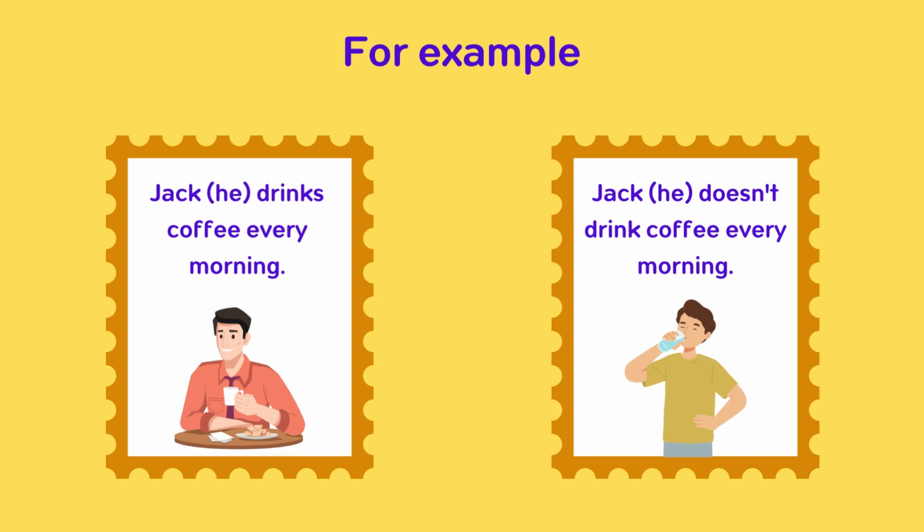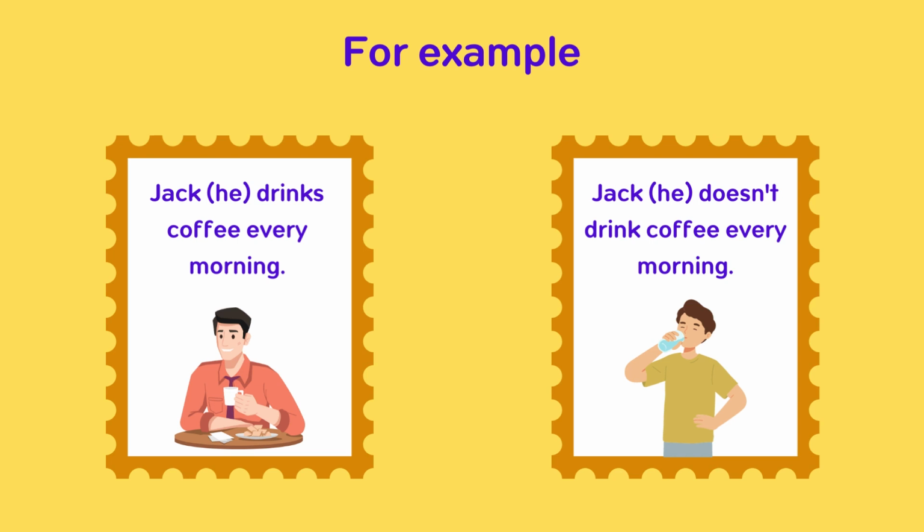Jack drinks coffee every morning. Well, this one is a bit tricky. Look, we have our action verb here, which is drinks. And it's he, or Jack. So we need to use doesn't before my action verb.